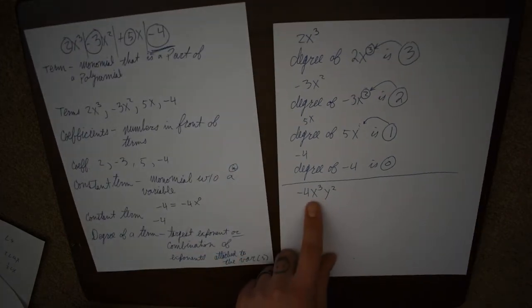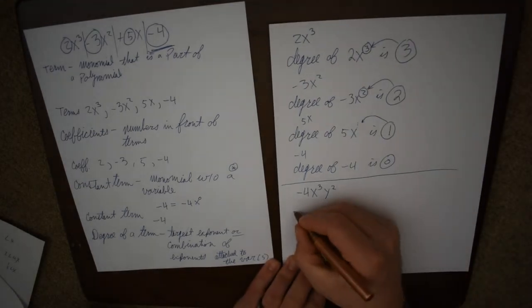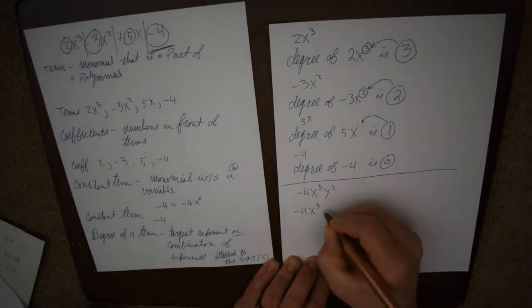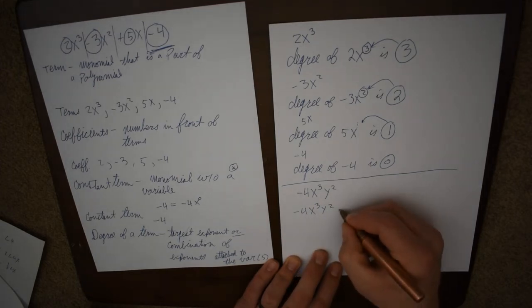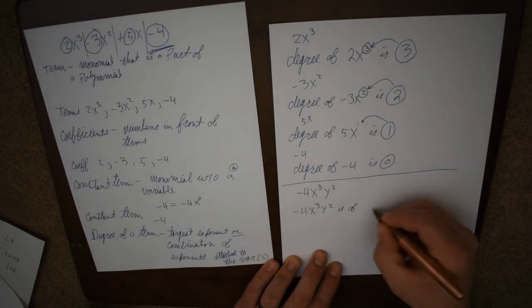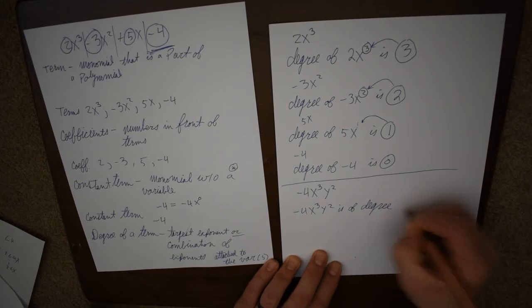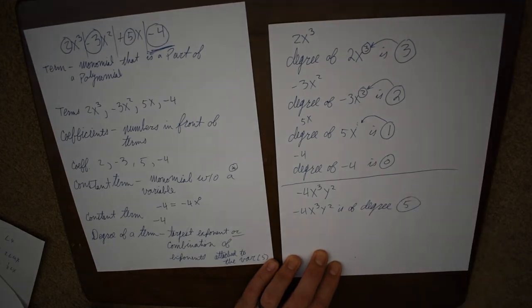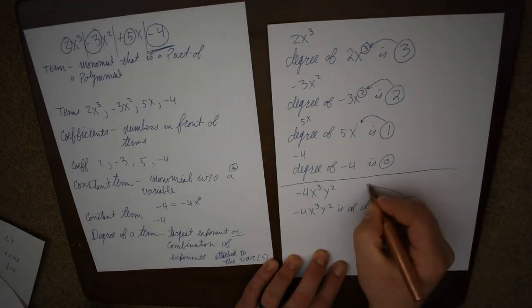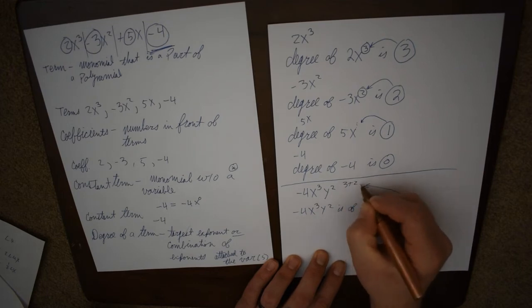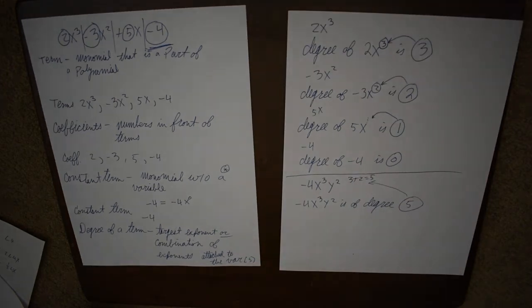You might say, is that degree 3 or is it degree 2? And you'd say neither. Negative 4x cubed y squared is of degree 5, because 3 plus 2 equals 5.